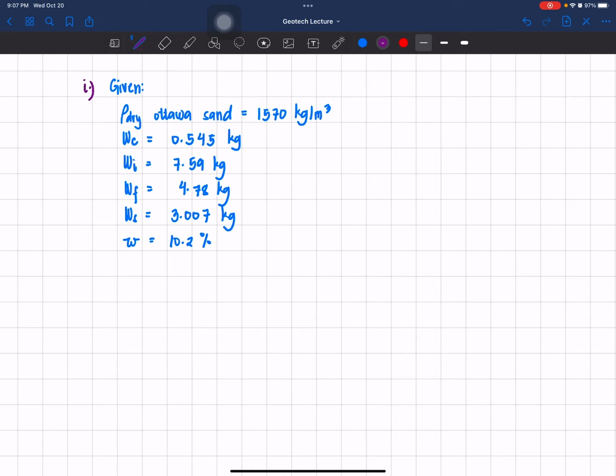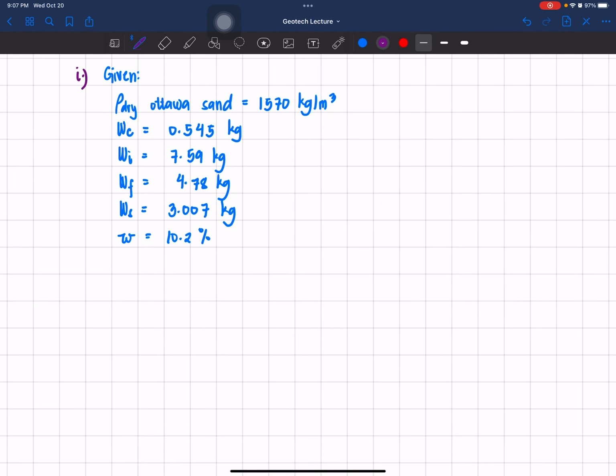So, first, let's get the weight of the sand to fill the cone and the hole. The difference between the initial weight of the apparatus and the final weight is actually the weight of the Ottawa sand that has filled the hole and the cone.